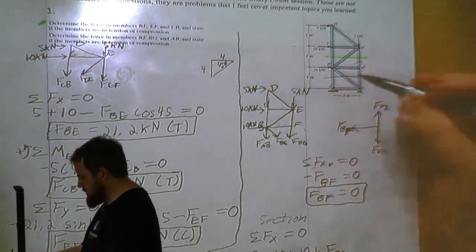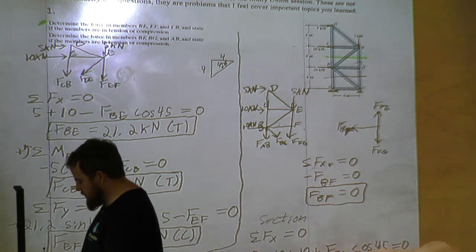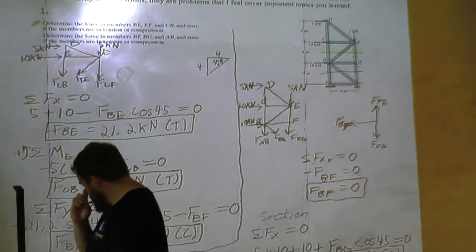Since that's the same 4 by 4 angle, we're going to continue using 45 as our angle. So that's just going to give us FBG is equal to negative 35.4 kilonewtons. And since that's negative, it is in compression.